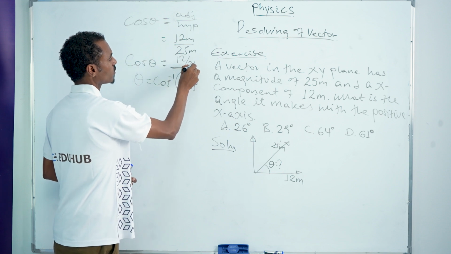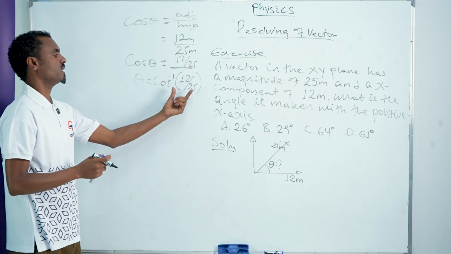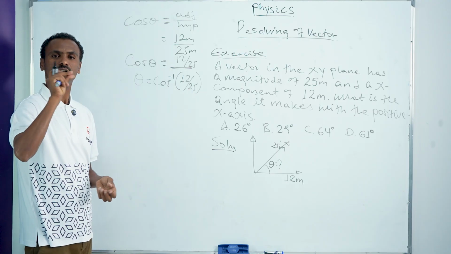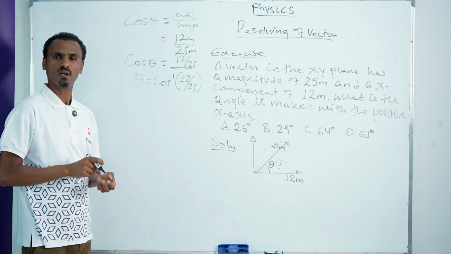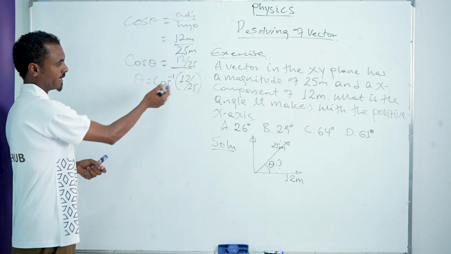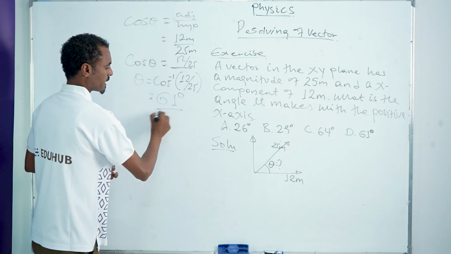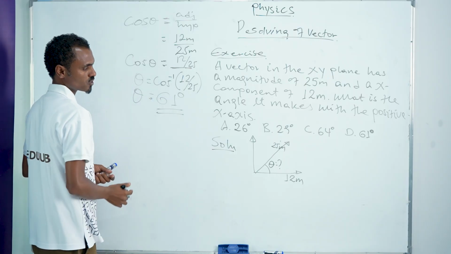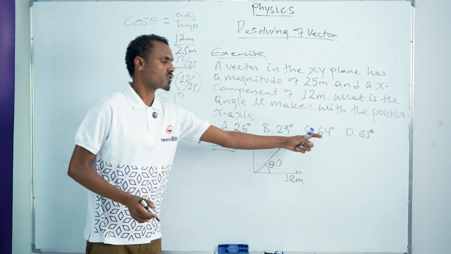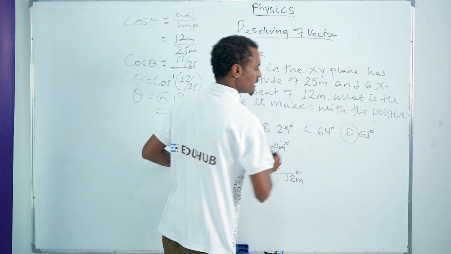We must always take this value from the trigonometric table or by using a calculator. So let's do this one, it is already done. So theta is equal to 61. So from our alternatives, our answer should be D.